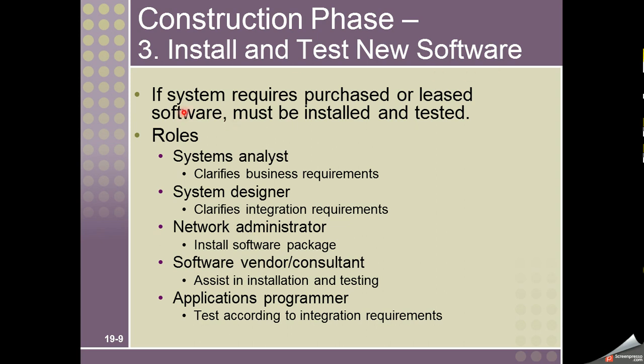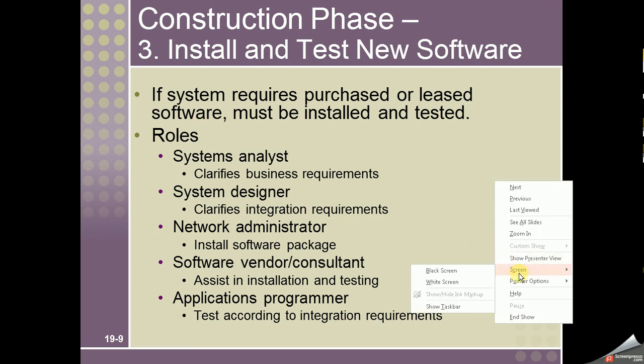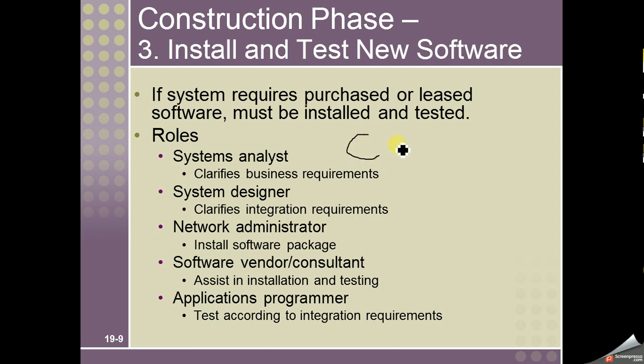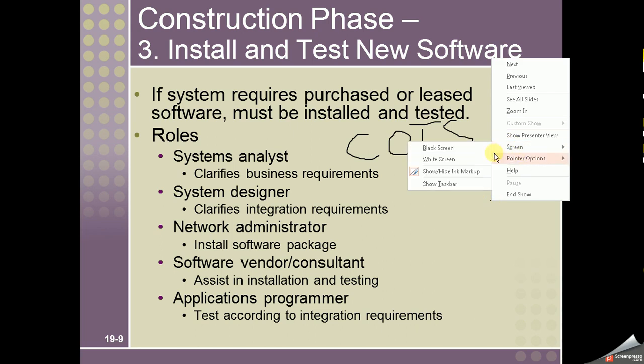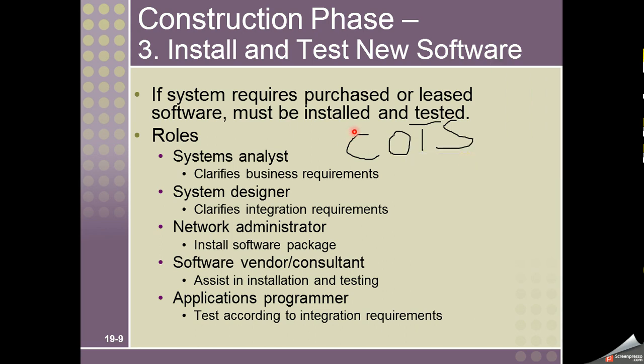Install and test new software. As we discussed before, if the system requires purchased or leased software, what we also call COTS, commercial off-the-shelf solution, they must be installed and tested. The role of analyst is to clarify business requirements. The designer will clarify integration requirements.